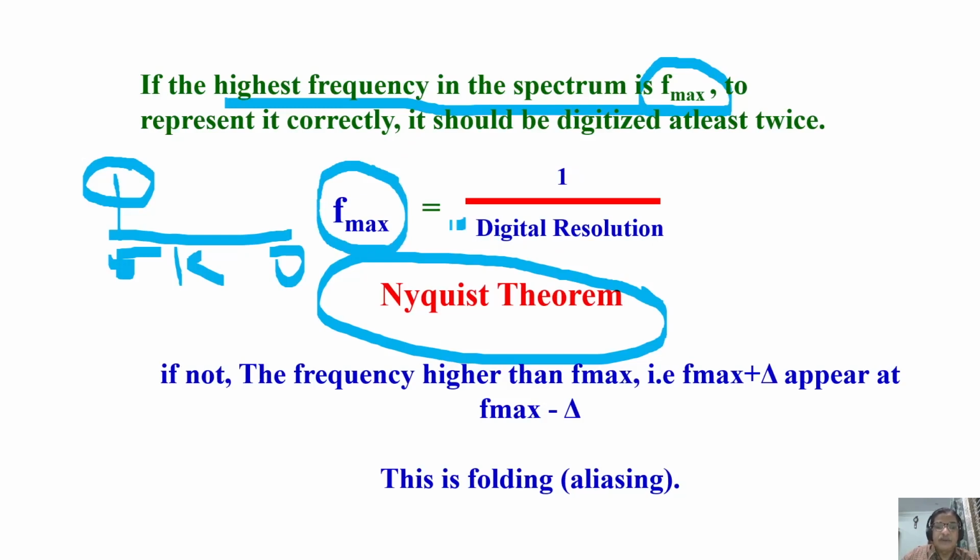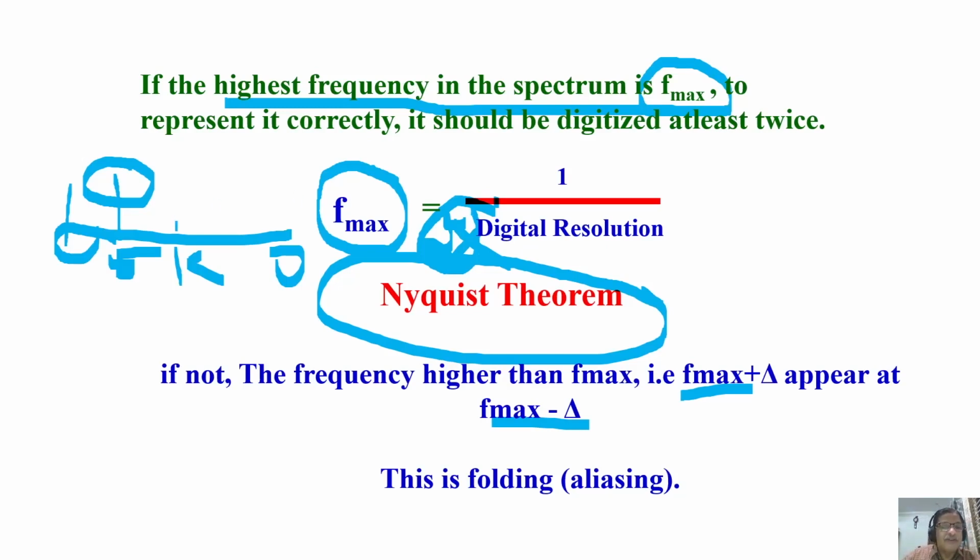If not, a frequency higher than F maximum, that is, if I have a frequency beyond 5000, let us say at 6000, 1000 hertz more than the maximum, F plus delta appears as F minus delta. Remember, this is twice the digital resolution. Don't get confused about the Nyquist theorem. At least you have to digitize twice.